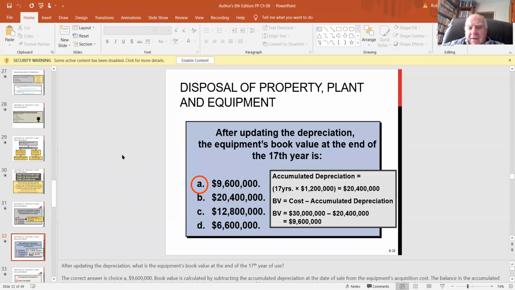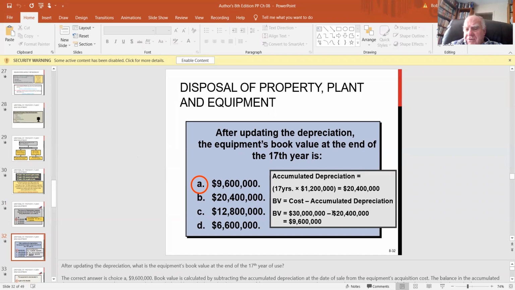After updating the depreciation, what is the book value of the machine? Well, the machine cost us $30 million. We've depreciated it for 17 years at $1.2 million. So your accumulated depreciation at the time of the sale is $20,400,000.